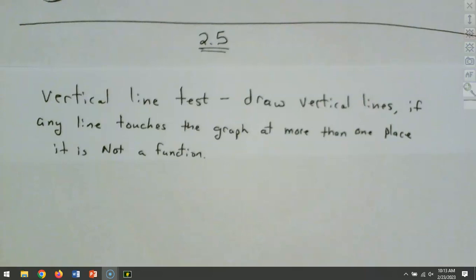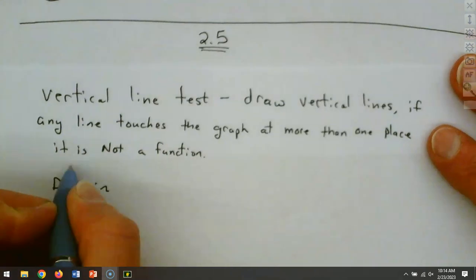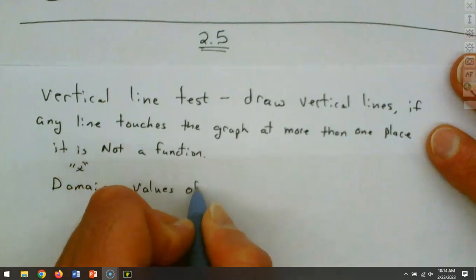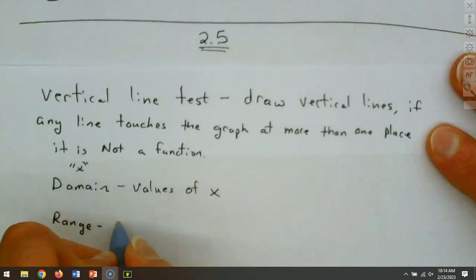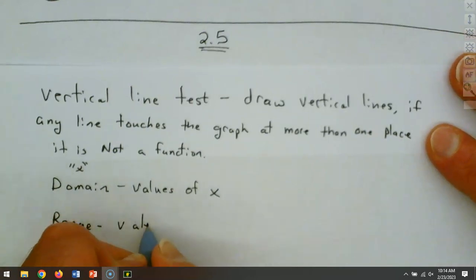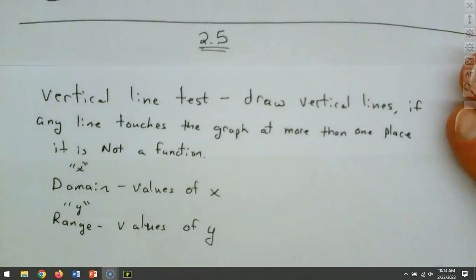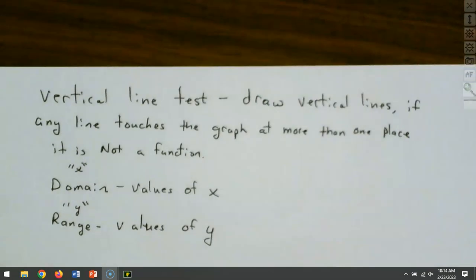And we're also going to be talking about the domain and the range. And this is also an easy concept. The domain is the values of x. So the domain goes with the x values. And your range, well, that goes with the values of y. So we're going to be looking at some pictures, and this is not calculational.